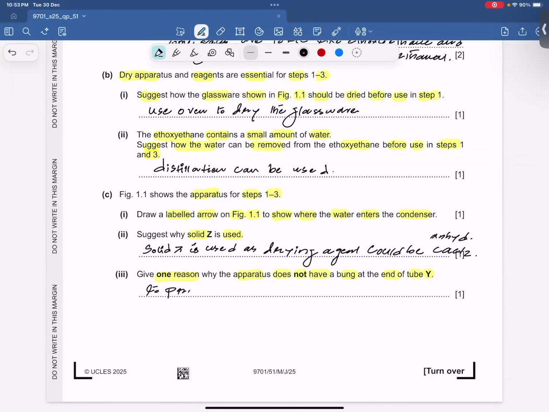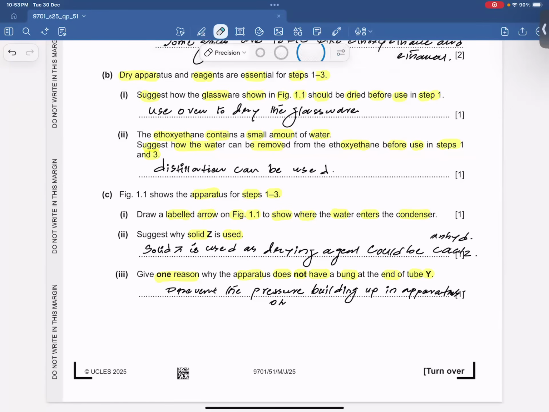To prevent the pressure building up in the apparatus, or we can say to maintain the airflow in the apparatus.